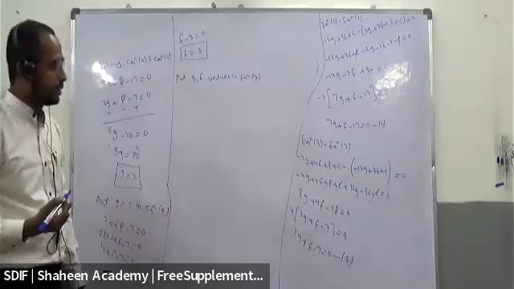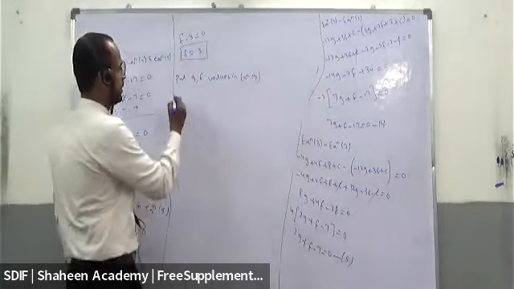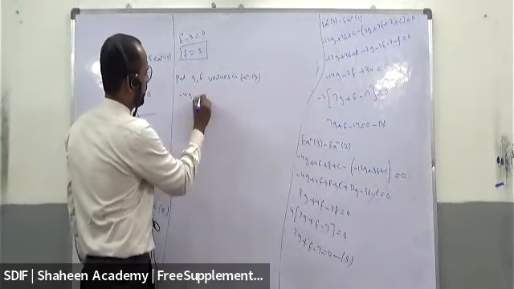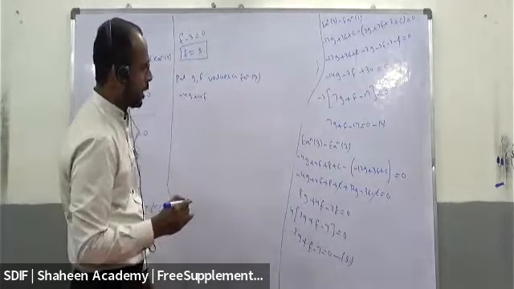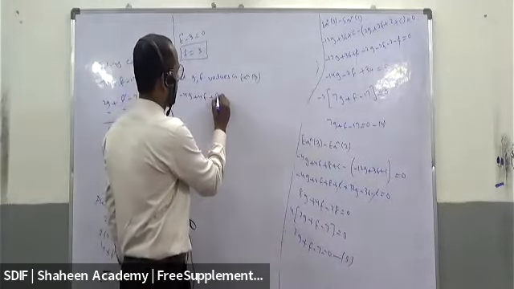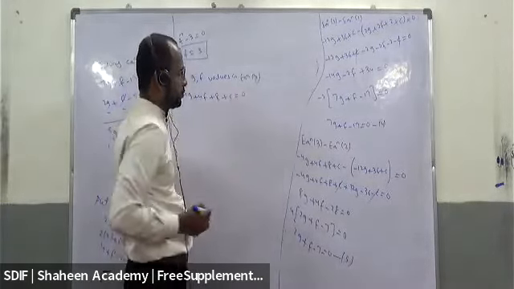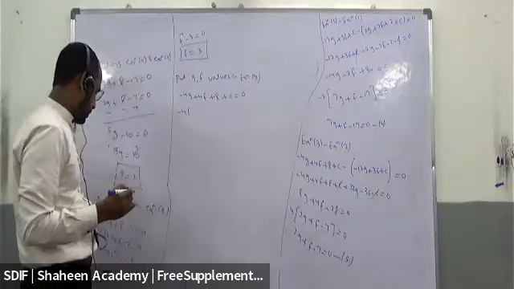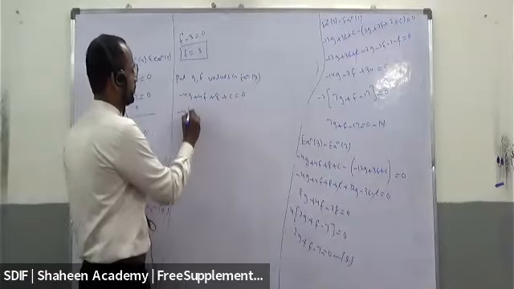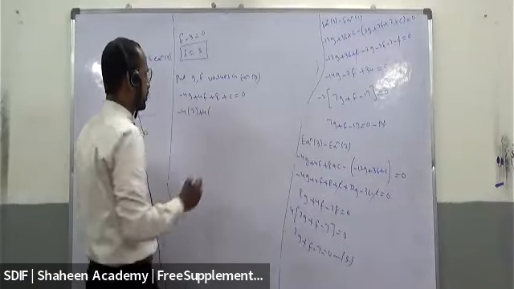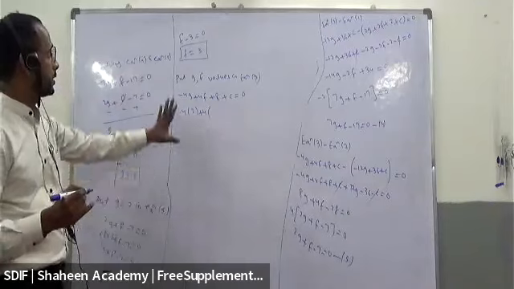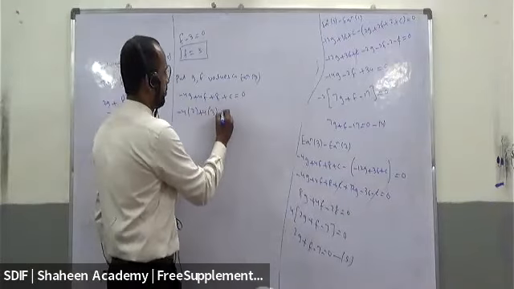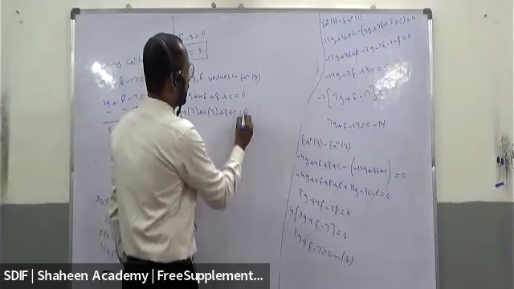What we are having in equation 3: minus 4g plus 4f plus 8 plus c is equal to 0. So minus 4 on the place of g, 2, plus 4 on the place of f, 3, plus 8 plus c is equal to 0.